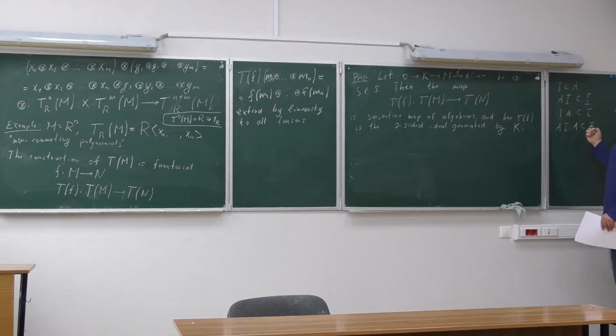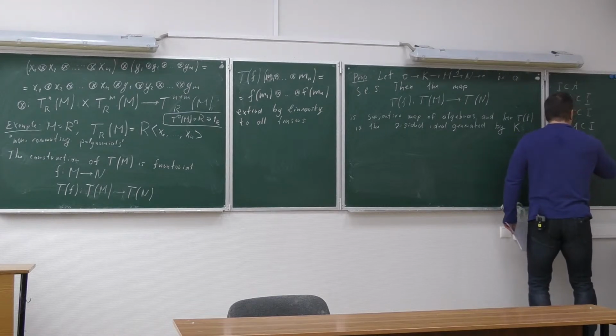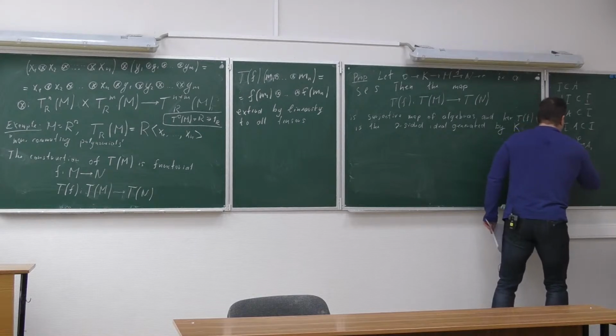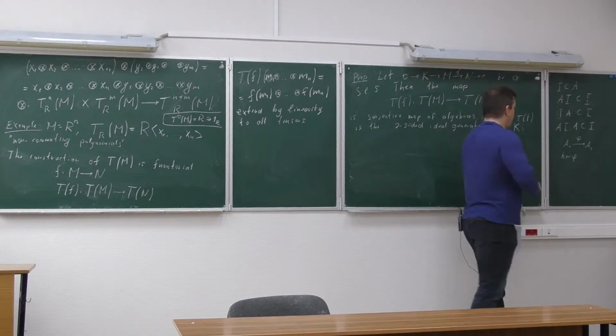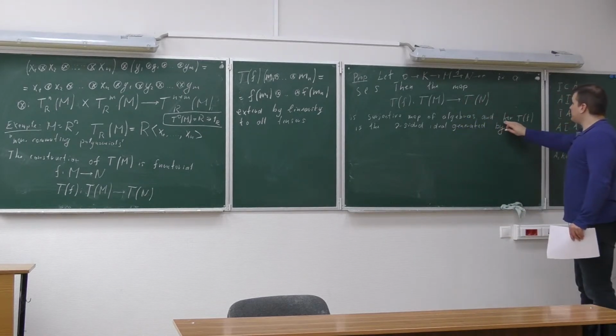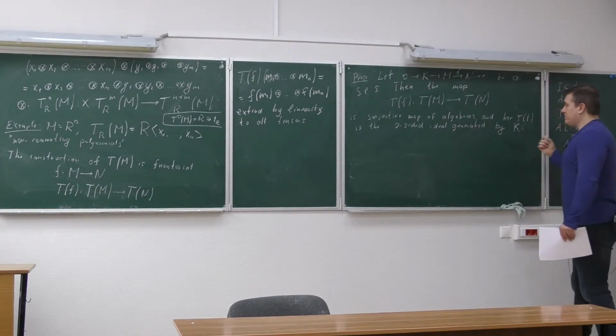Also, if you consider a map between two algebras, A1 and A2, and then of course you can take the kernel of this map, then the kernel is a two-sided ideal. So this is why they are important, and in this case, of course, we consider the kernel of some map, so it has to be a two-sided ideal just from general considerations.